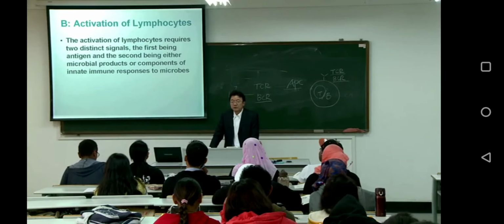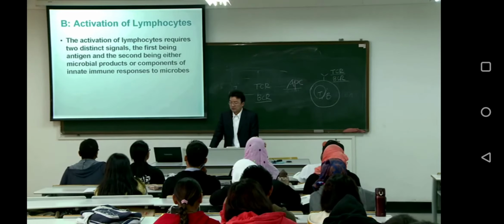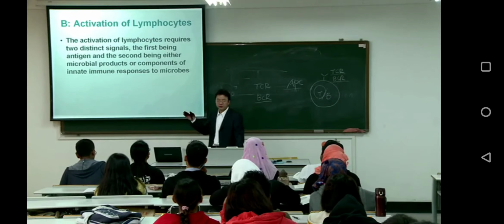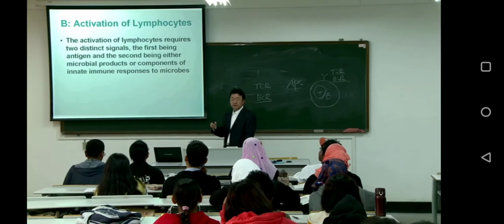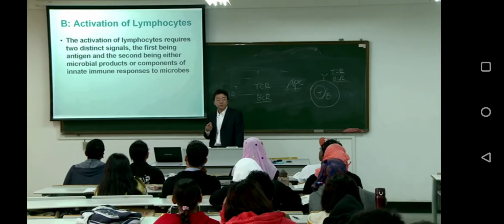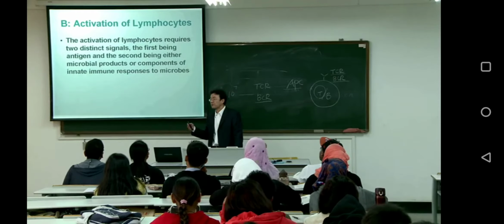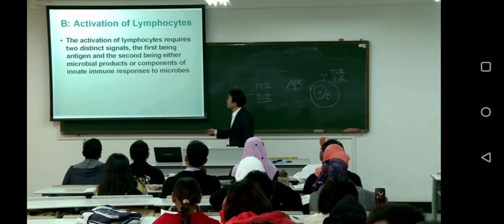Some specific antibodies are used in clinical practice targeting lymphocyte activation. Sometimes we need to block it, that means inhibit its activation. Sometimes we need to promote its activation. It just depends on the purpose in clinical practice.